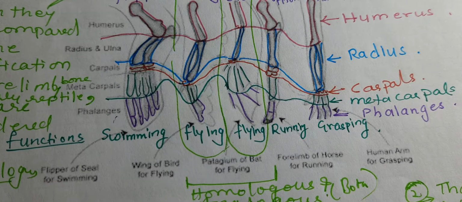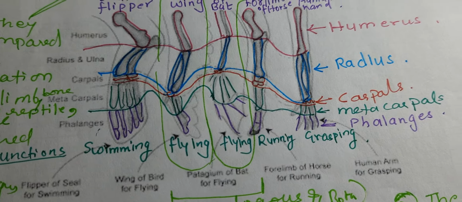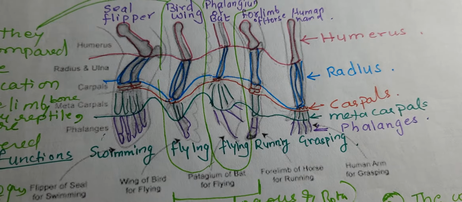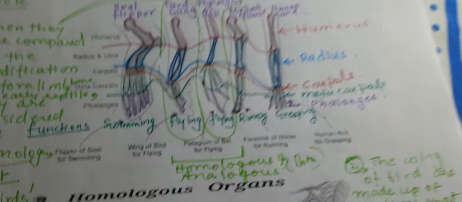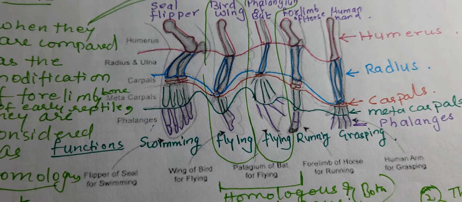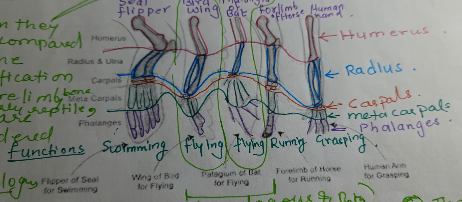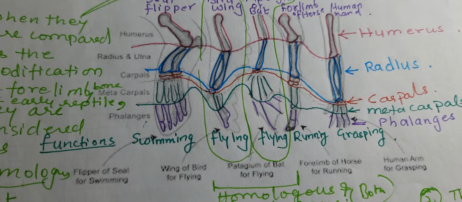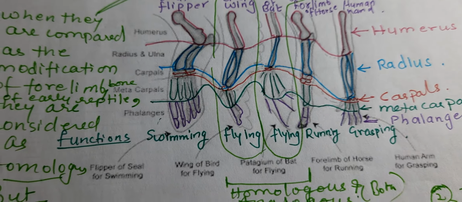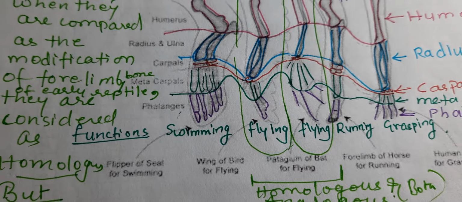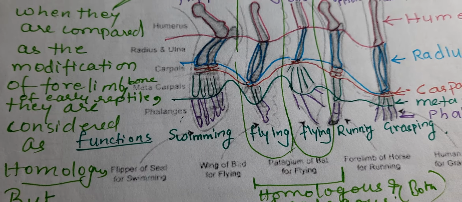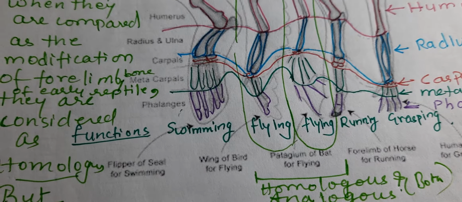This is how they are used for swimming, flying, running, grasping. So the horse uses it for running, the human uses it for grasping, and the seal or whale uses it for swimming.